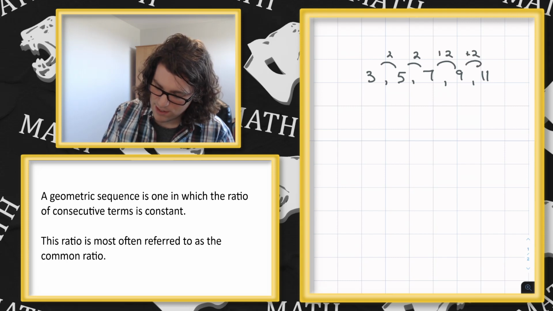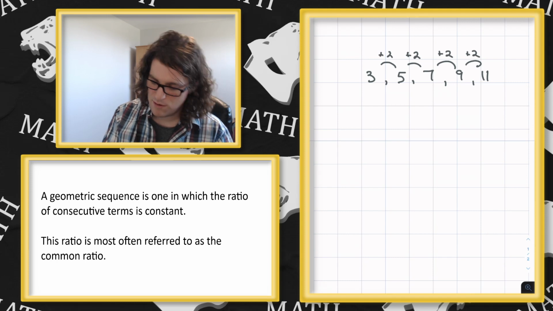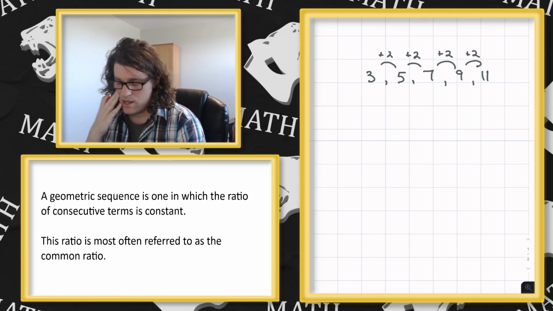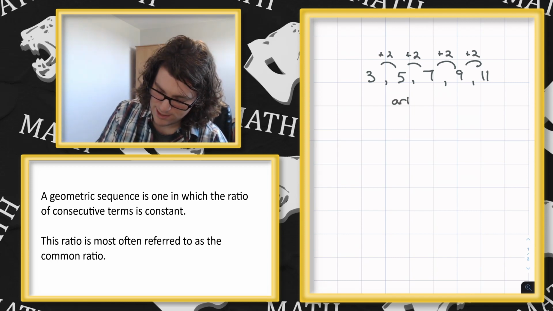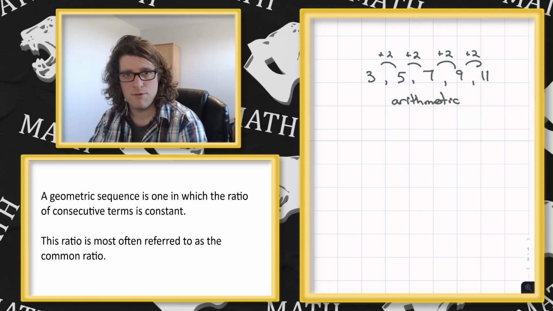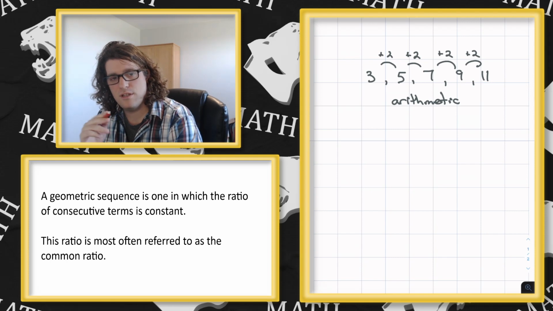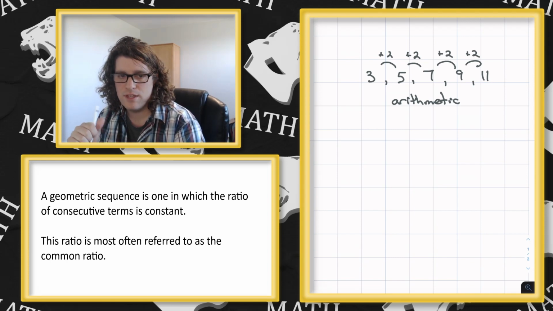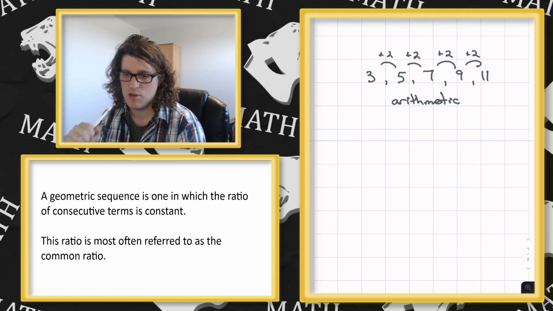I'm adding 2, I guess you could say, in order to get from one term to the next. So we said that that's this type of sequence. Now, what is being described to us on the screen below is a geometric sequence, one in which the ratio of consecutive terms is constant.